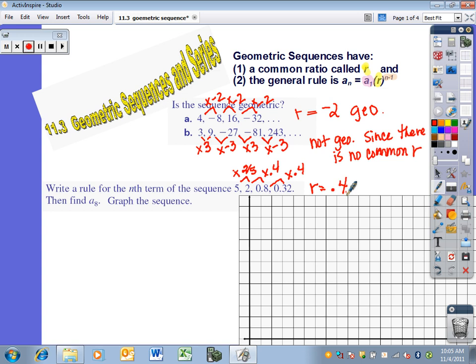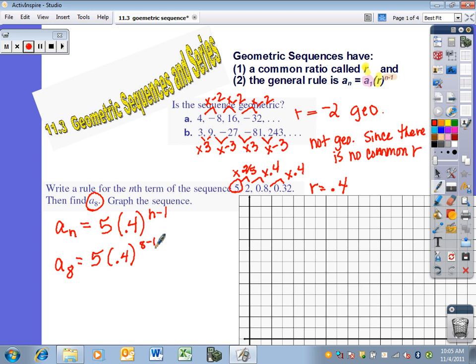So it says find the 8th term. Well, to find the 8th term, I need a general rule. So my general rule will be my common ratio of 0.4 raised to the n minus 1 times my first term. And what was my first term? 5. So there's my rule. So if I need the 8th term, I would take 5 times 0.4 to the 8 minus 1, since 8 is my n.